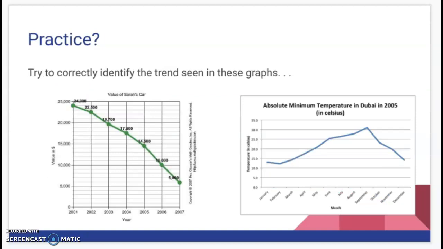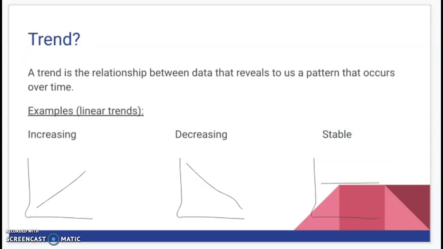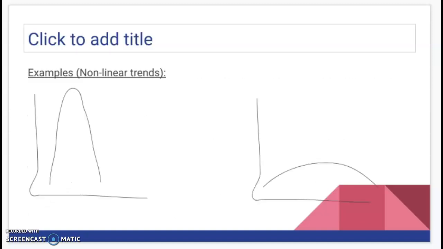So before I talk about the summative, I want to do a little bit of practice. So you just looked at the trends, looking at linear trends with increasing, decreasing, or stable. Nonlinear trends, we're looking at a sharp increase and fall or a gradual increase and fall.